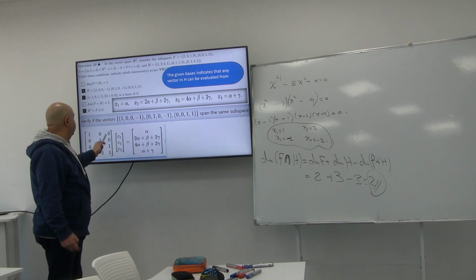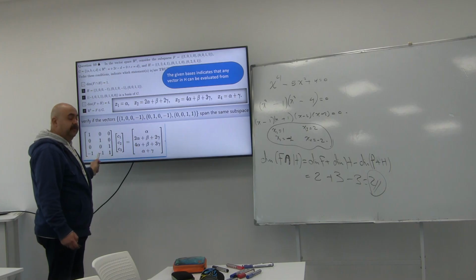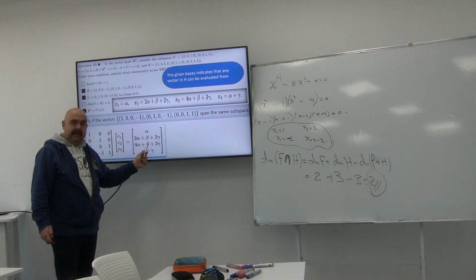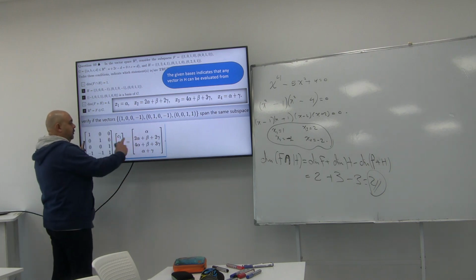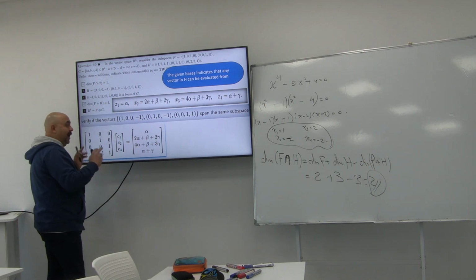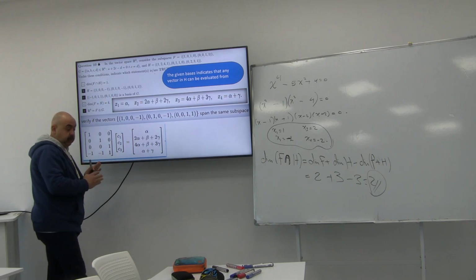So this is the matrix that we formed previously from the given vectors, C1, C2, C3, and this is the result based on the basis given for H. All I have to do now is solve these three equations and substitute in the fourth equation.